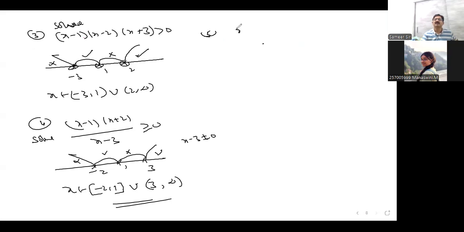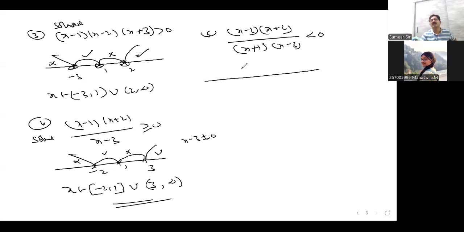Fifth one. Suppose x minus 1, x plus 2 divided by x plus 1, x minus 3, something less than is given. What to do here? Four are there, it will work, but you have to plot according to their magnitude. Minus 2, minus 1, this is 1, this is 3. Connect.